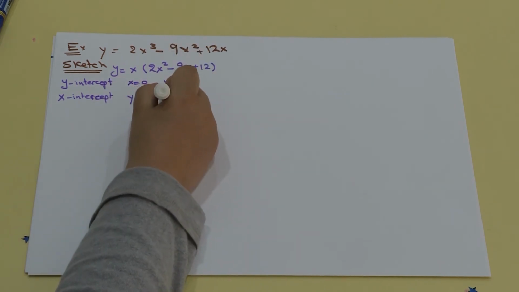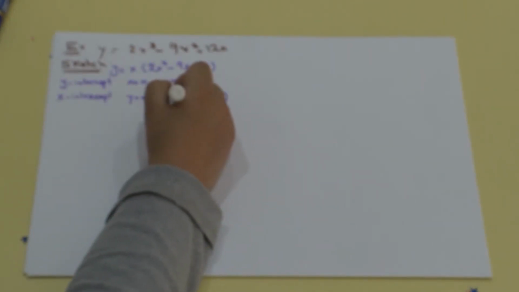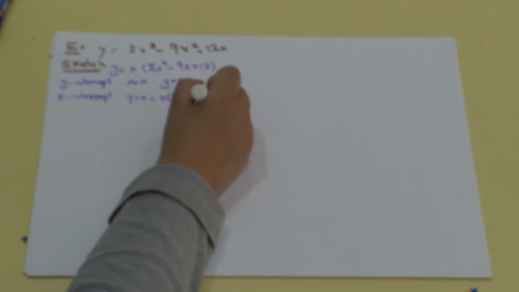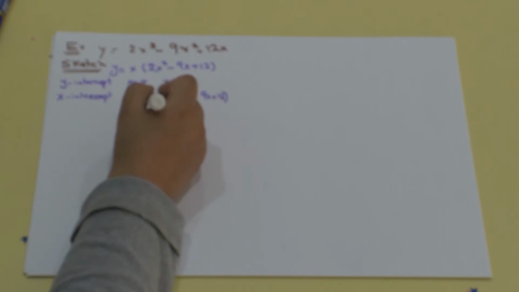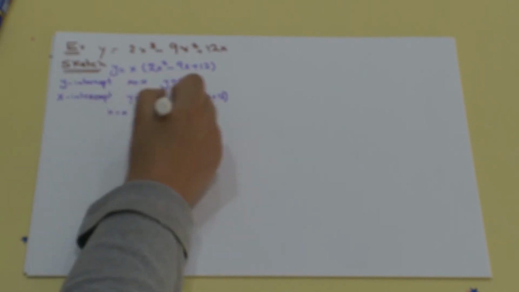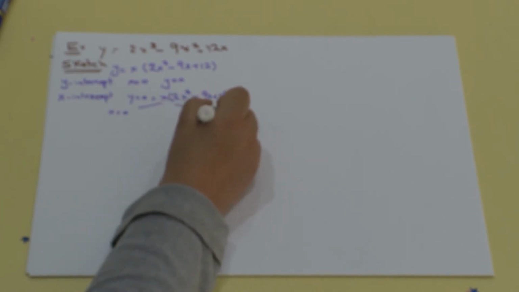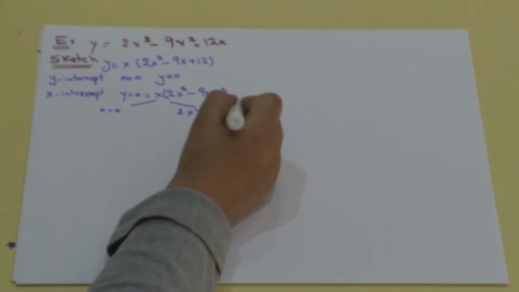This is equal to x times something written in the parentheses, 2x squared minus 9x plus 12. Again, we will have two options, either x equals 0 or the bracket 2x squared minus 9x plus 12 equals 0.